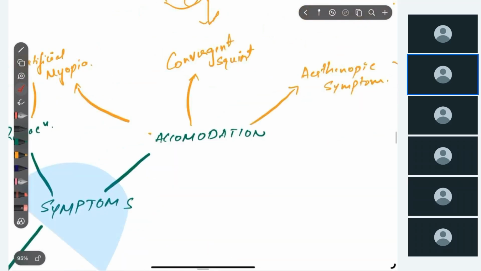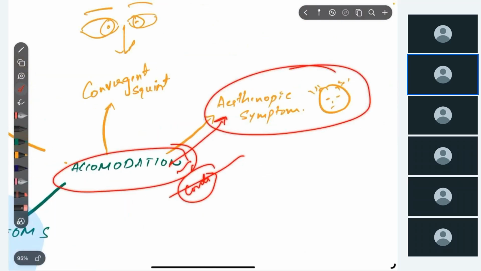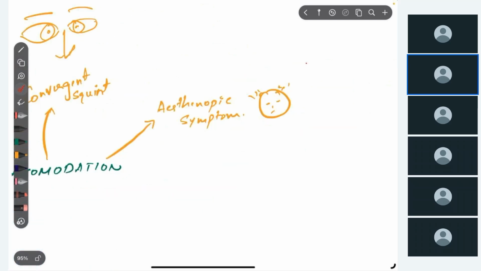His ciliary muscles are constantly contracting, because of which the patient will have asthenopic symptoms. What are asthenopic symptoms? Because of the refractive error, his eyes try to balance this refractive error, because of which he will have pain in the eyes, headache, and all those things.